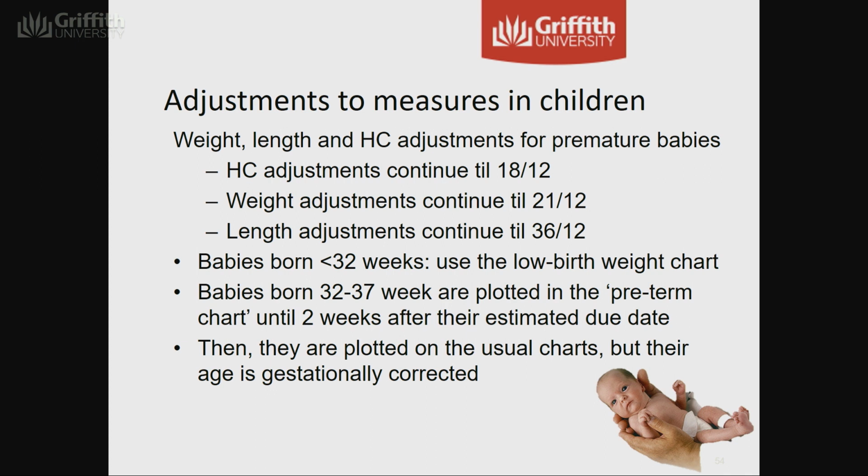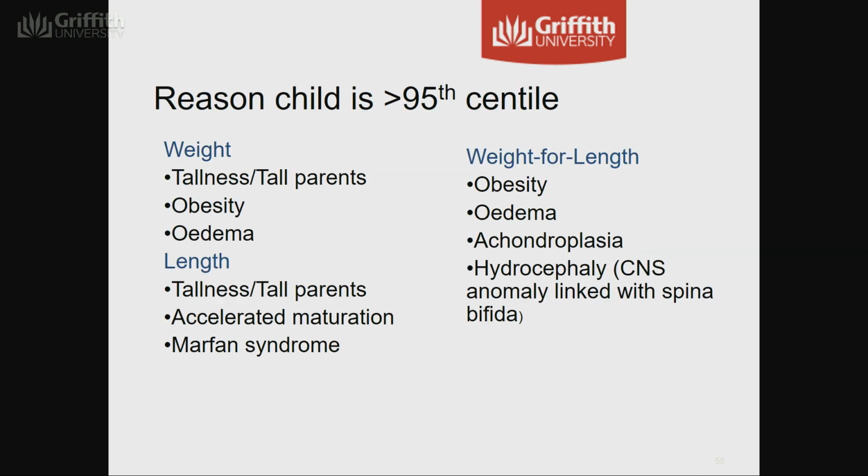And then from there, they're plotted on the usual chart, but their age is gestationally corrected. So we don't compare premature babies to full-term babies and expect them to have the same height profiles. We make adjustments in those cases.